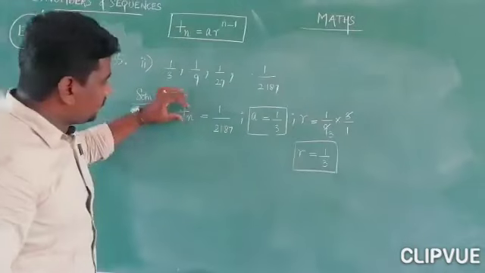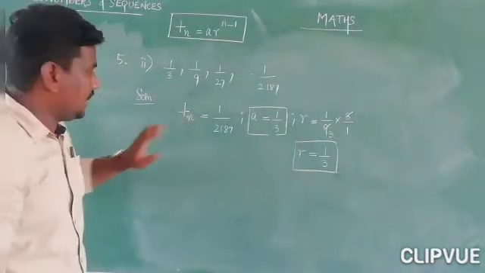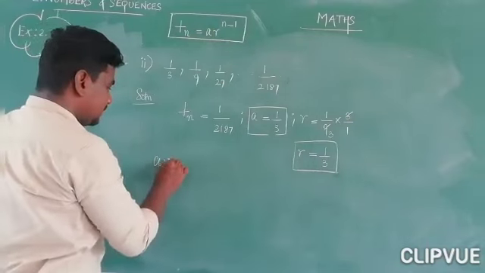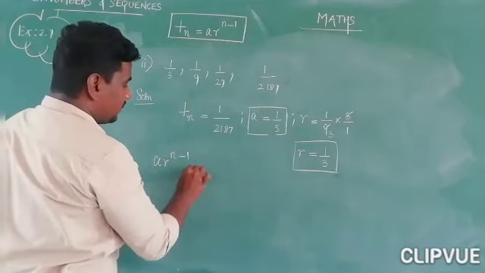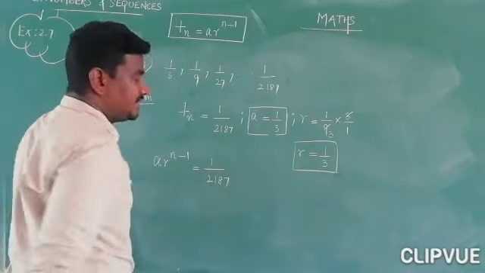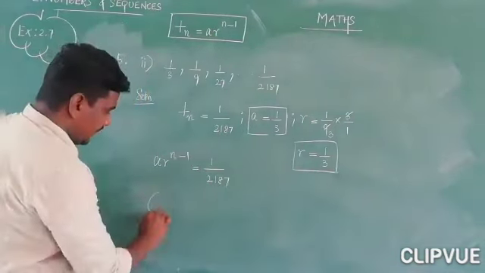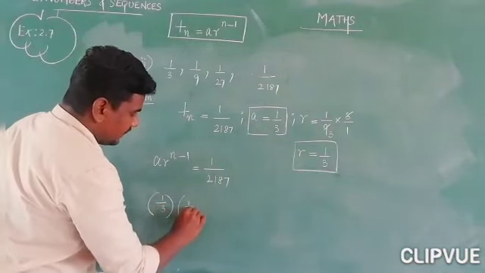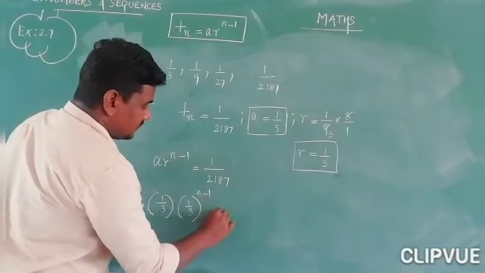Here I am going to find the unknown n. You know that Tn is equal to a r power n minus 1. If you replace it, we get 1 by 2187, with a equal to 1 by 3 as well as r equal to 1 by 3, power n minus 1.